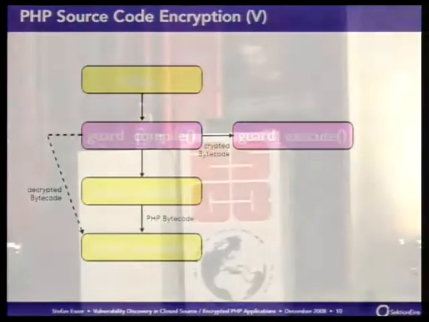So with old cryptors, once you had hooked the execute function, you had the original bytecode and could work on it. With newer cryptors, the complete executor is replaced with something different, and in this case the Optimizer executes this encrypted PHP and not the PHP engine.